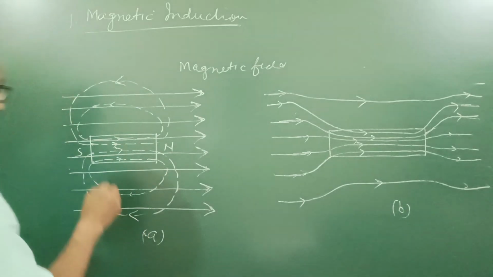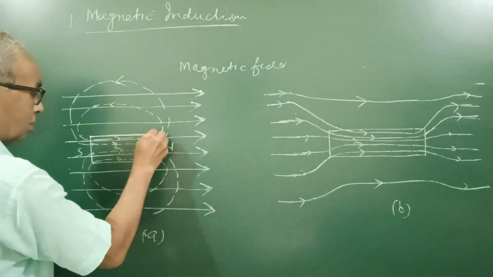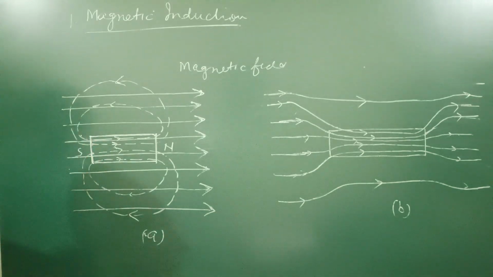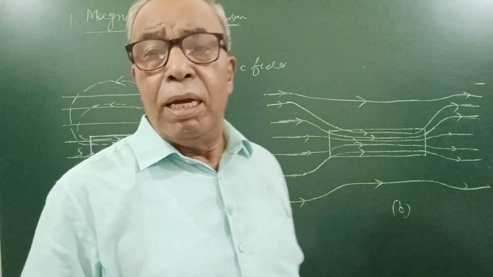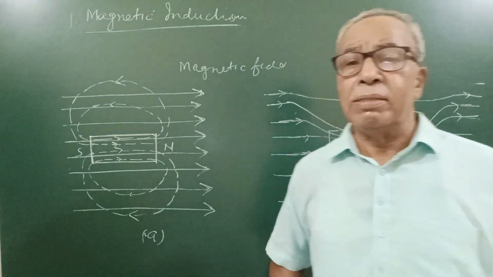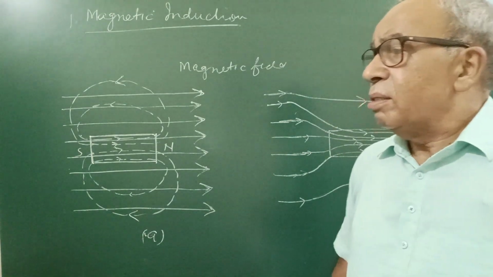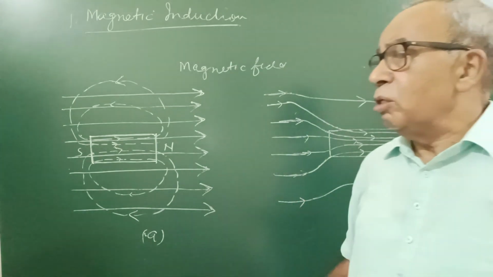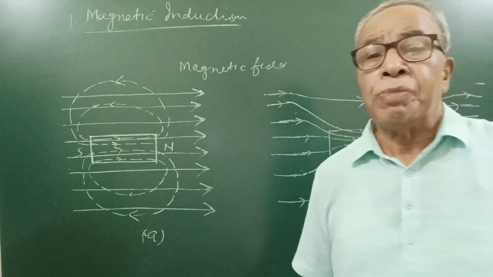In this field, we have put a bar of some material like iron. When we put any material in an external magnetic field, it gets magnetized, and this phenomenon is called magnetic induction.